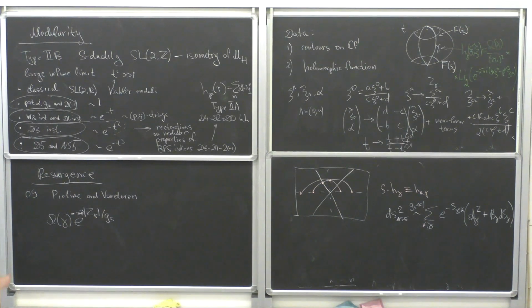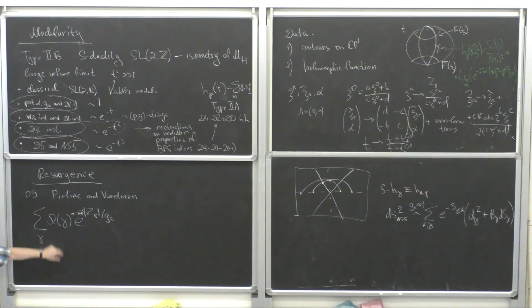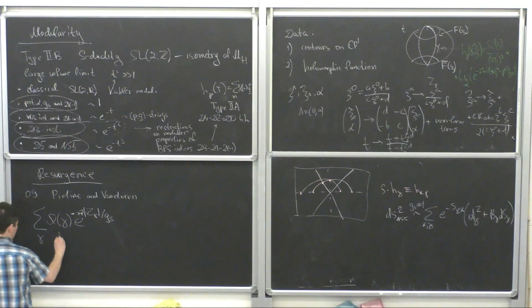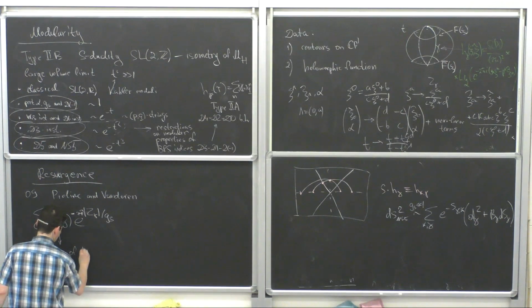But of course, you must sum over all charges. I told you that these are BPS indices, and we actually know also that under some dualities they correspond to degeneracies of BPS black holes.